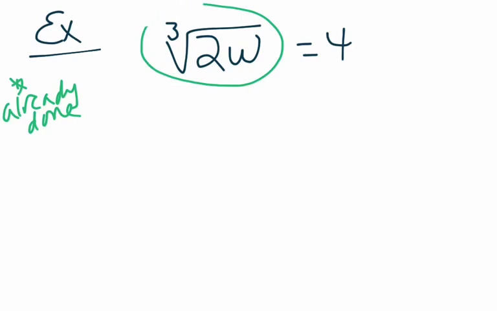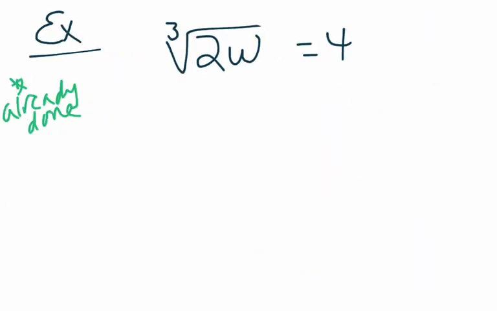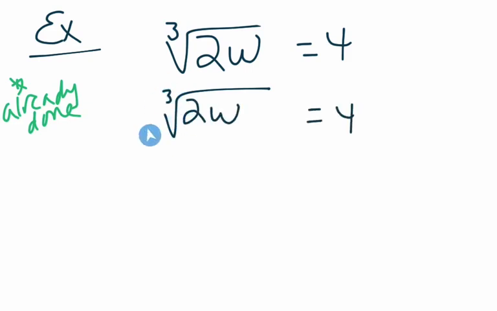I'm going to see if I can get rid of this circle because it's in the way. There we go. Step 2 is to undo the radical. In this example, I'm going to recopy this, and I won't typically do that, just so you know. This is a cube root, and because we listened to Miss Taylor when she taught us about cube roots, we know that cube roots are undone by cubing.